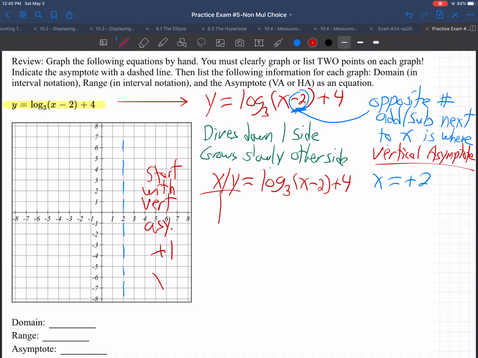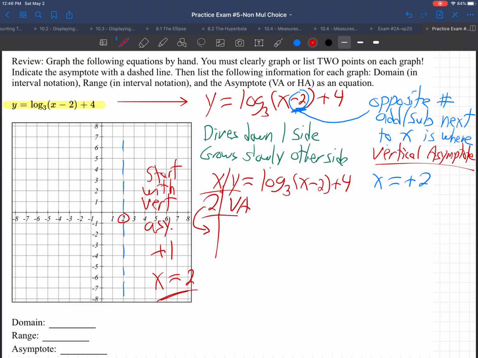So what was the vertical asymptote? X equals 2, right? That's right here where the vertical asymptote is. So go one higher than that. We already know about the vertical asymptote.